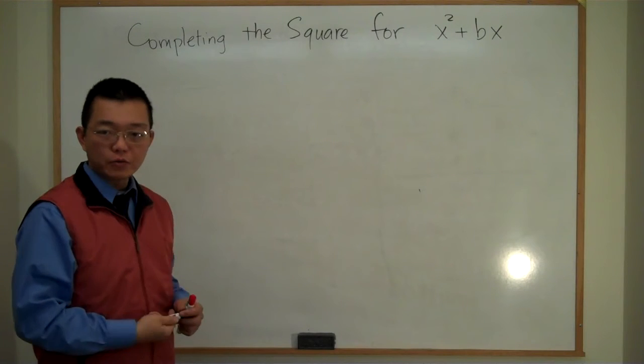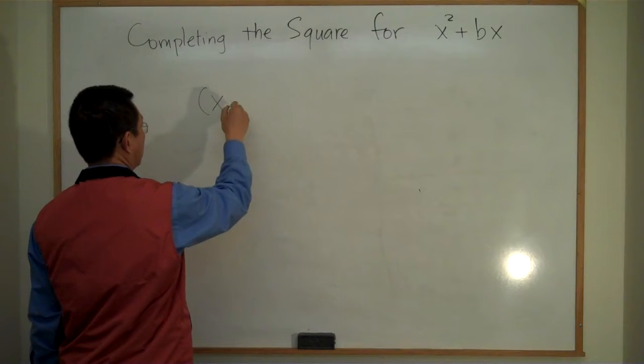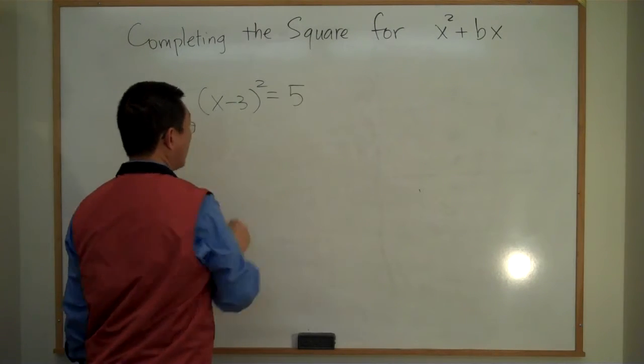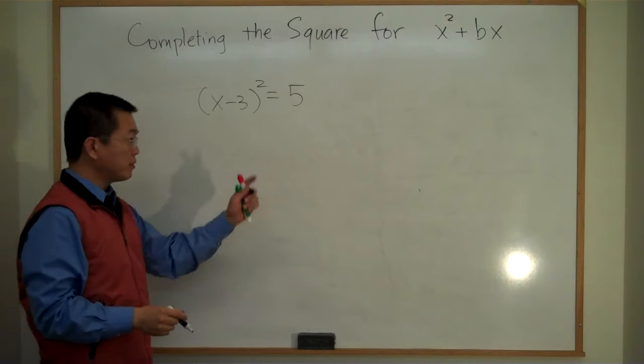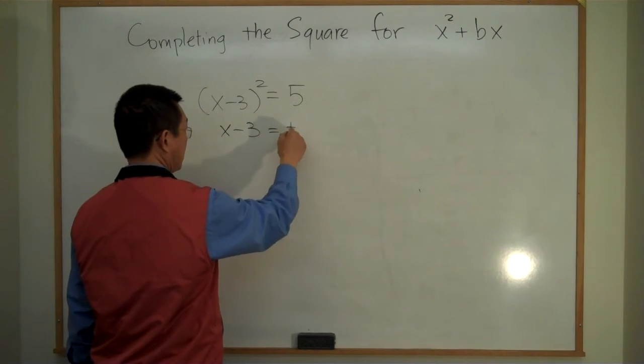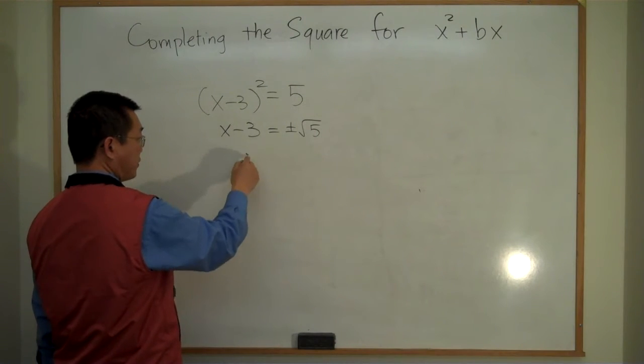Earlier we have learned about how to solve this kind of equation. And we know that we just take square root on both sides. And then I can remove the 3 over.